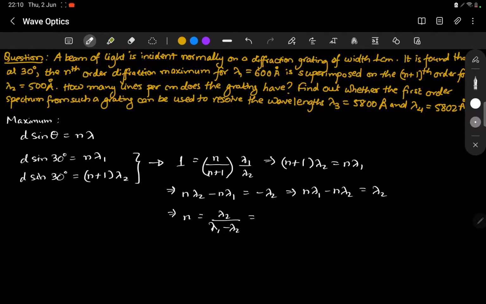Lambda we know is given to us. So this is 500, lambda 2 is 500 angstroms and lambda 1 is 600 angstroms.